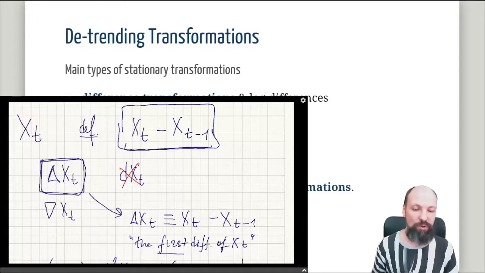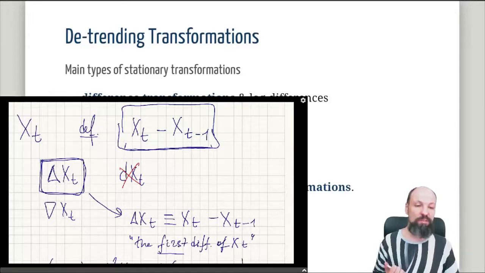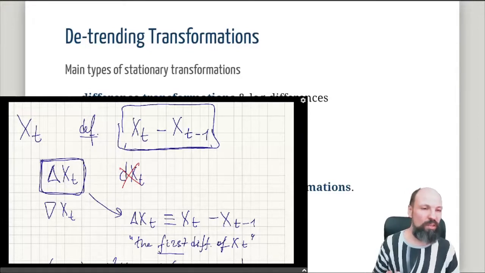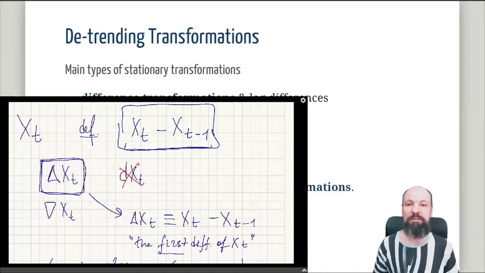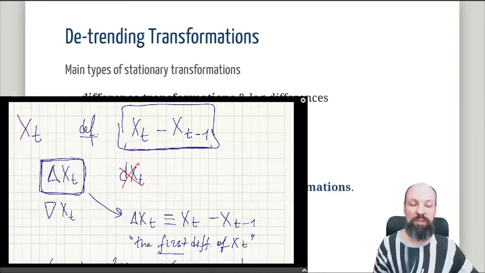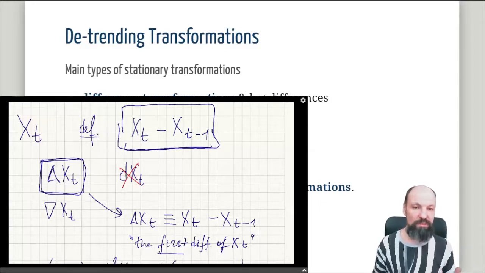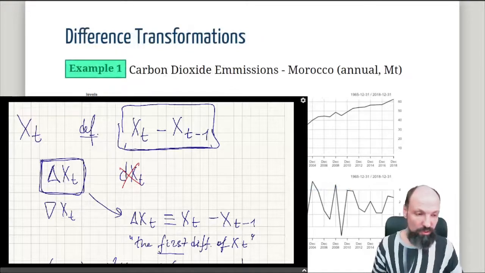Or if your initial time series, for example, is a probability, which has no units basically, or some utility that is also unitless, it's not clear what this difference would mean. What does it mean that it grew or declined by this difference? Well, okay. Let's try to see an empirical example.